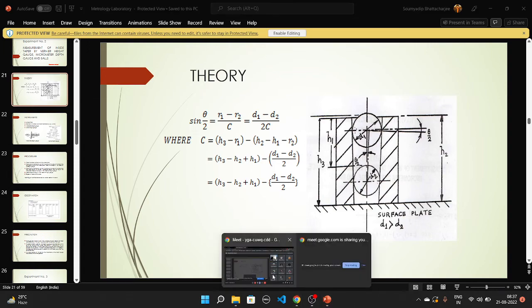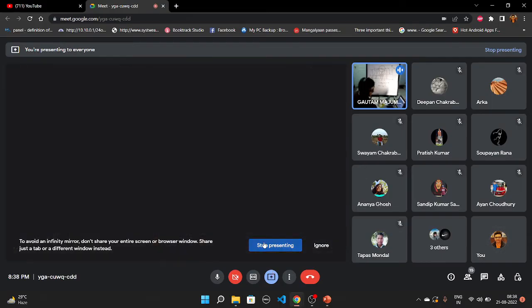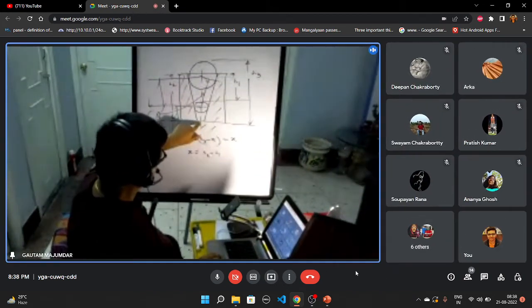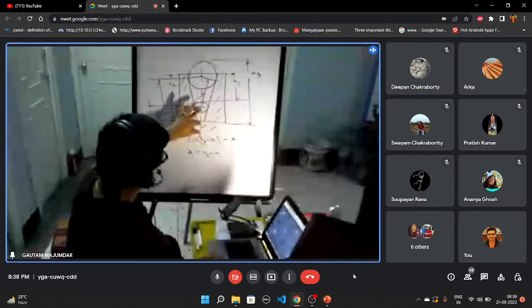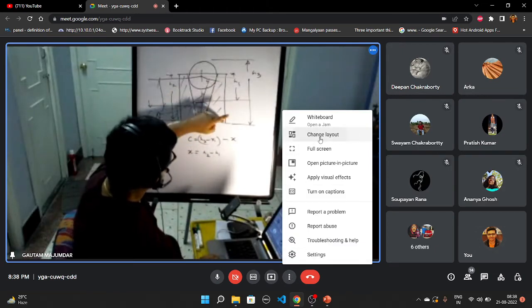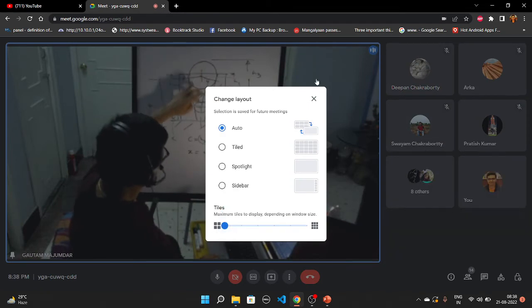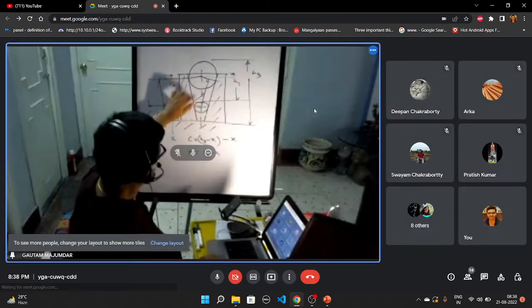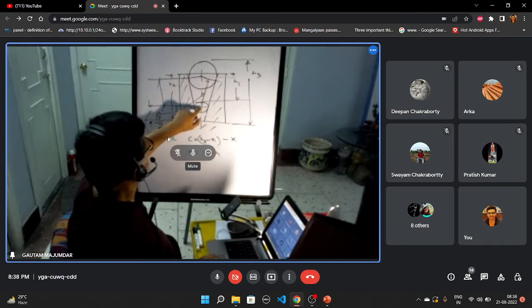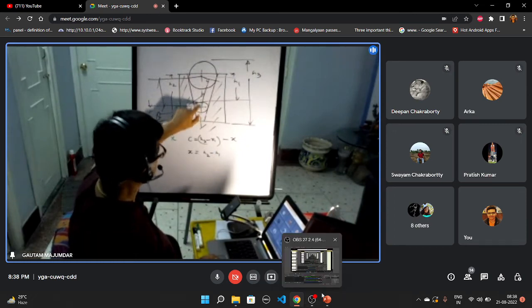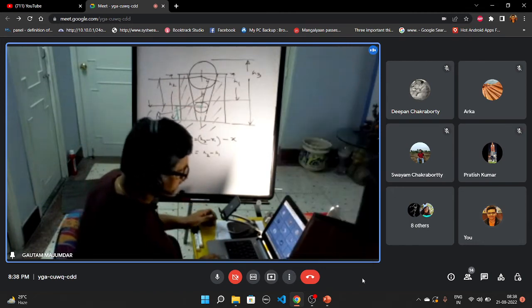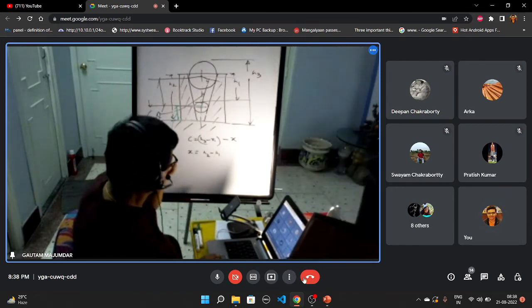You are more expert in mathematics. What is the problem? It's simple. This X, I'm telling, is from the bottom of the job to the center of the smaller ball. How can you find this X? H2 minus H1, okay? Minus... H2 minus H1 minus R, then only you can say. This smaller ball is R2, I think.